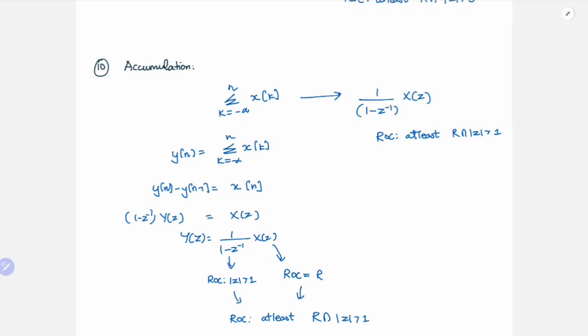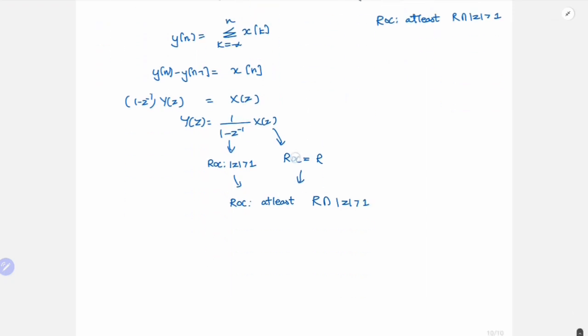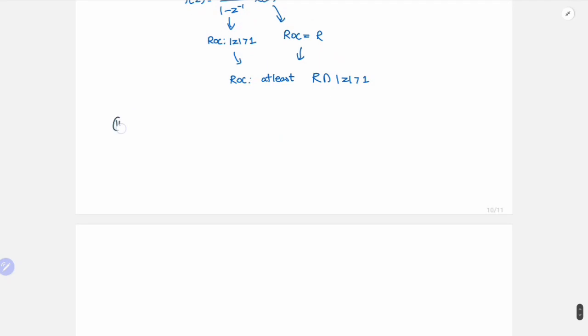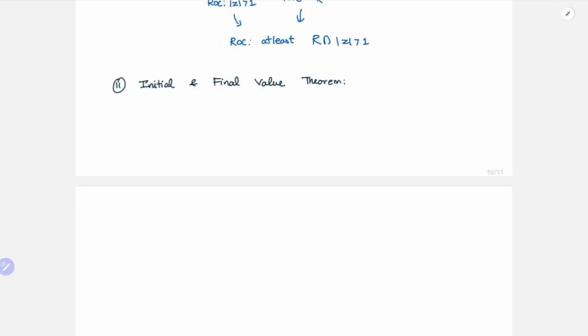Okay. So next we'll see about initial value and final value theorem. So again, the requirement is my x of n should be a causal signal, which means that my x of n is equal to 0 for n less than 0.